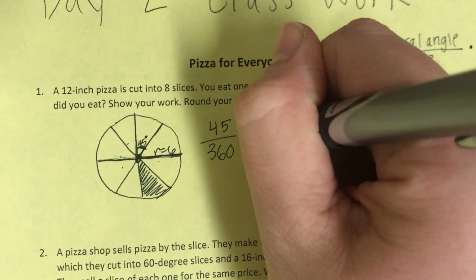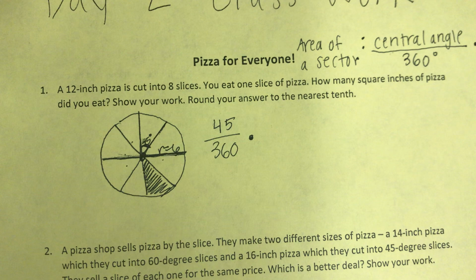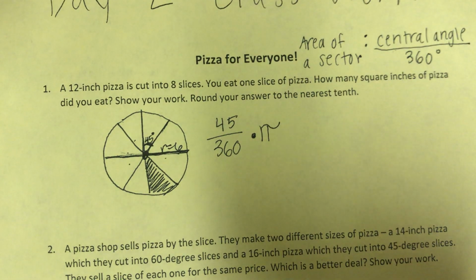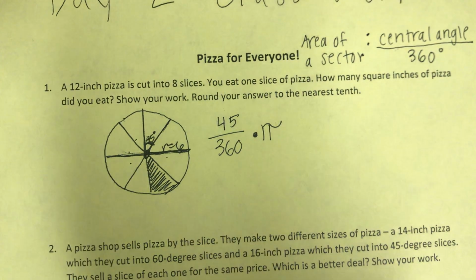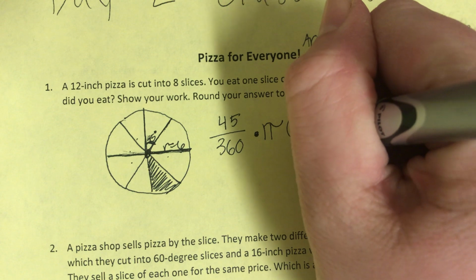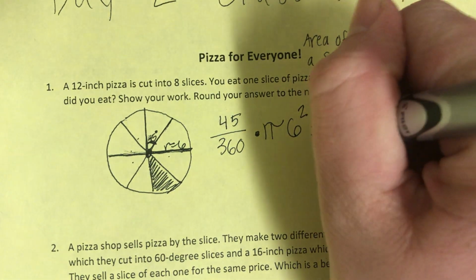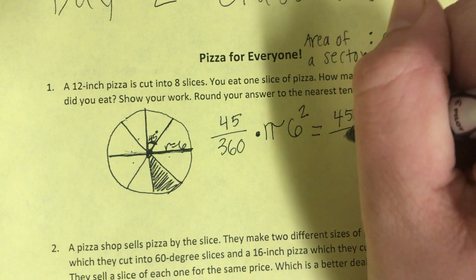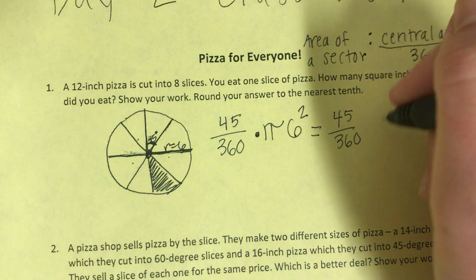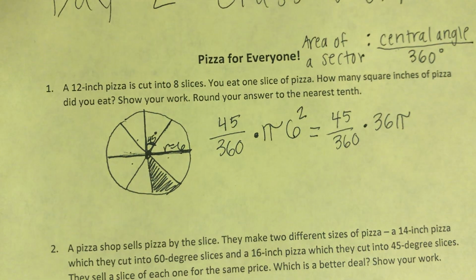I'm going to multiply that by the area of the whole circle. Remember, area of a whole circle is pi r squared. What was r again? R was this 6 right here. So pi r squared. Hopefully you remember that 6 squared is 36, because 6 times 6. So we're going to have times 36 pi.